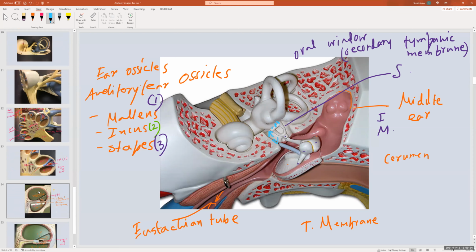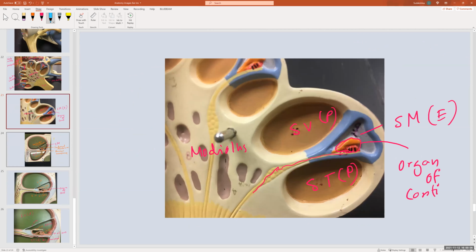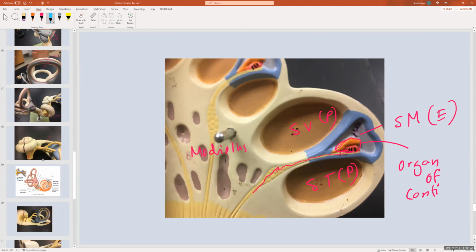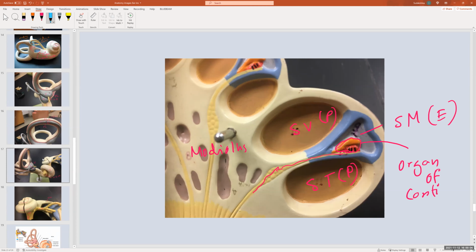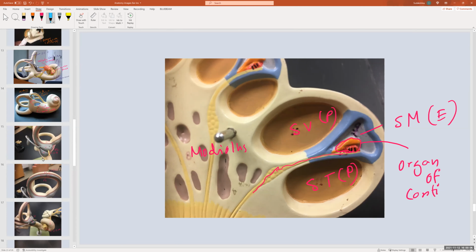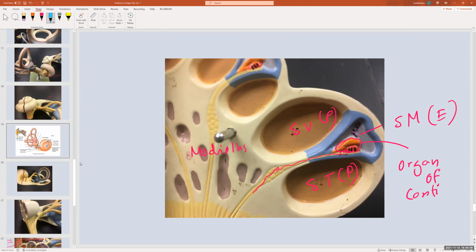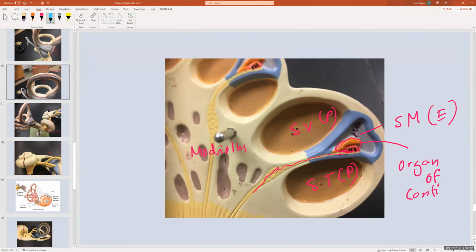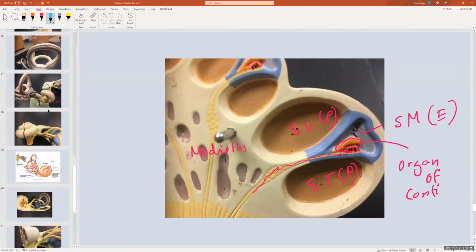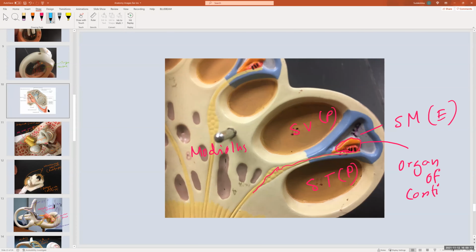Sorry, no, scala vestibuli. Right here, scala vestibuli. I'm looking for what I had here. Anyway, scala vestibuli. So tympanic membrane vibrates, causes the vibration of the ear ossicles.